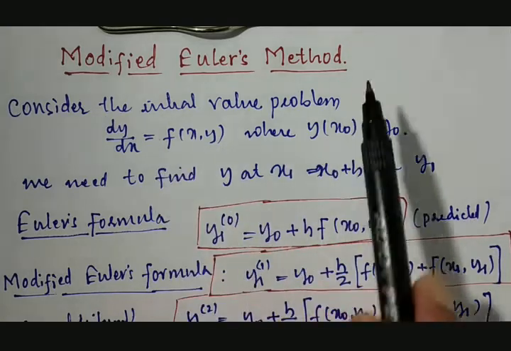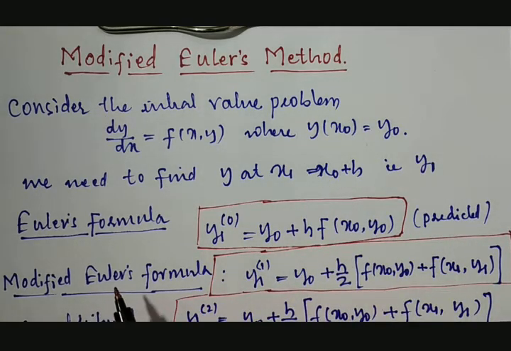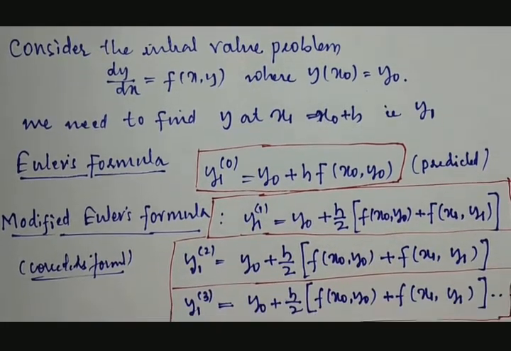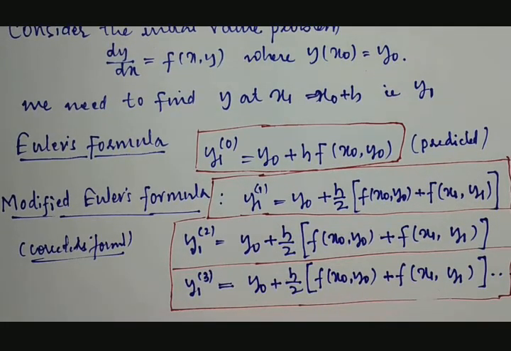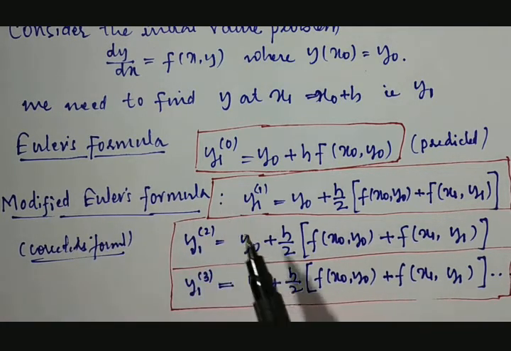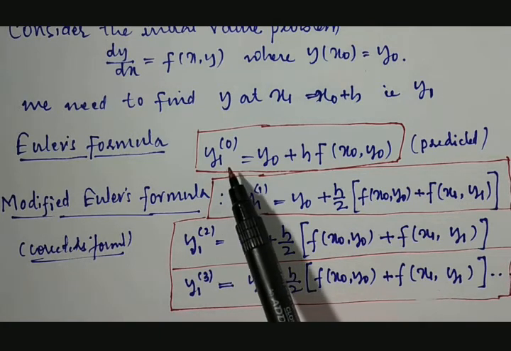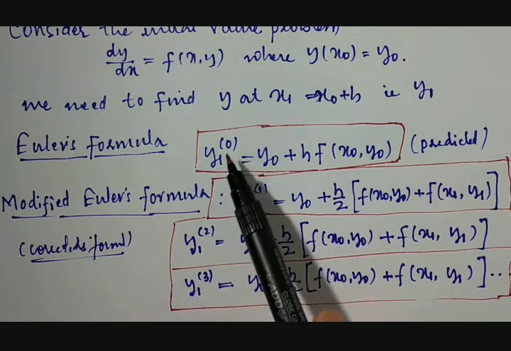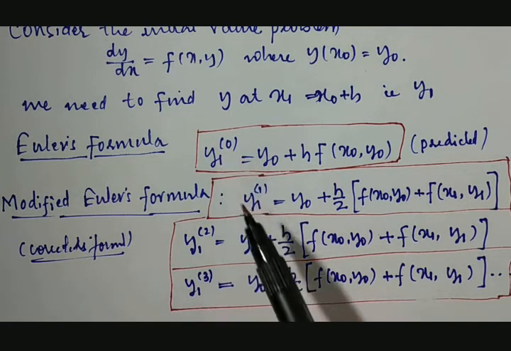So modified Euler's method gives a correction to this prediction. So it is known as modified Euler's method. How will the predictions be corrected? Let us see. Modified Euler's formula, to obtain its next version, is nothing but the improvement of this, more accurate than the initial value of y1.